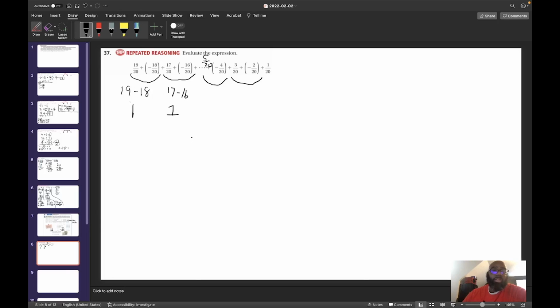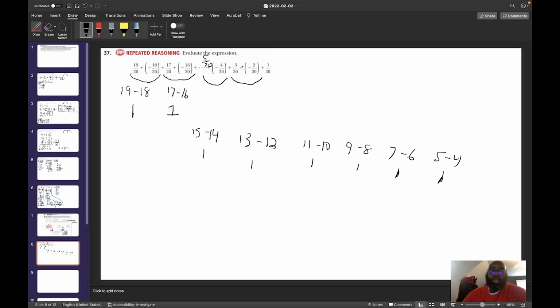Then the next one actually is 15 minus 14. They're not showing it here, but that's what's going on, but it's going to equal 1. Then 13 minus 12 is going to equal 1. Then 11 minus 10, this is the pattern, right? 9 minus 8, 7 minus 6 is equal to 1. Now here's your 5 minus 4 right there.